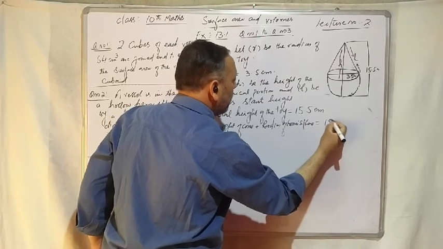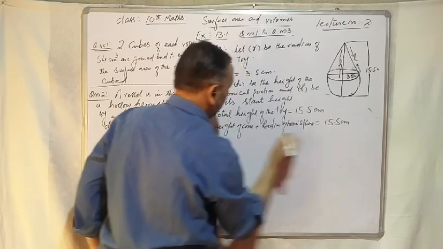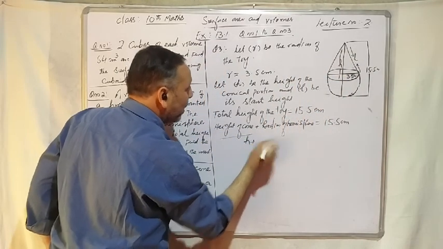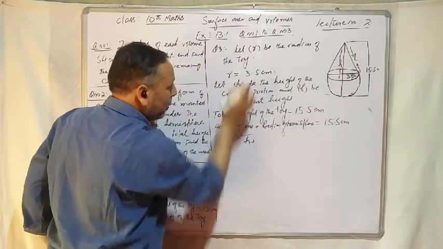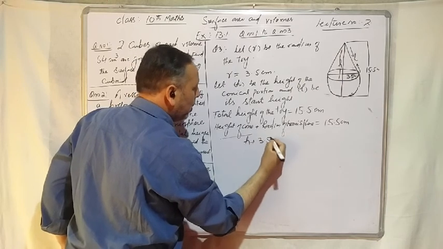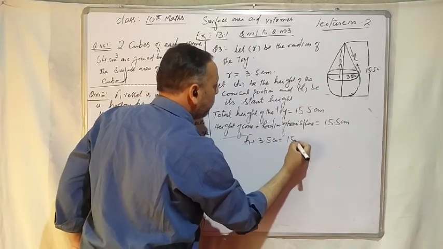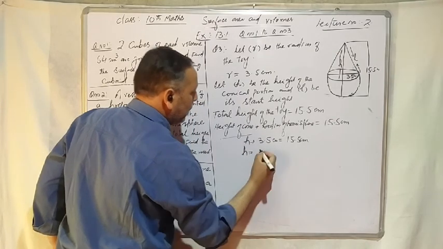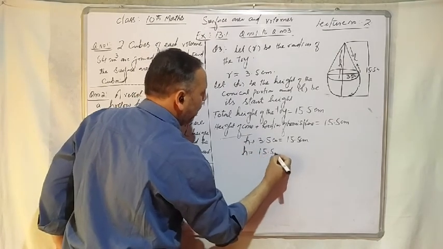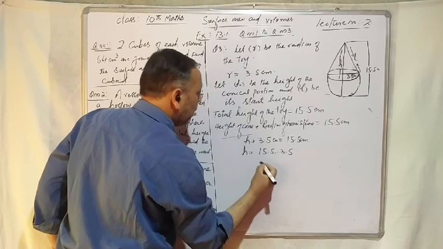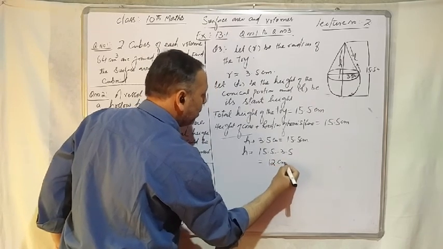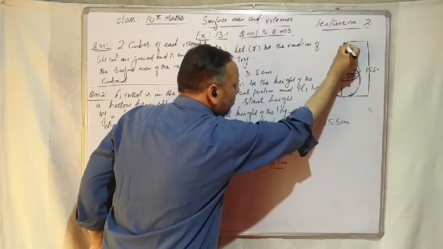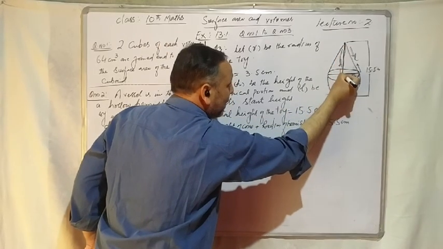It is supposed to be 15.5 centimeter. Now height of cone we have kept as h plus radius of hemisphere, that is r, 3.5 centimeter, is equal to 15.5 centimeter. So h, the height of the cone, is equal to 15.5 minus 3.5. So it is 12 centimeter. So height of the conical portion is 12 centimeter.